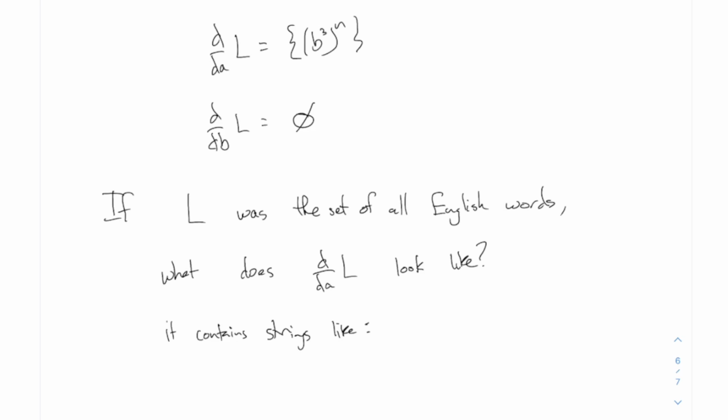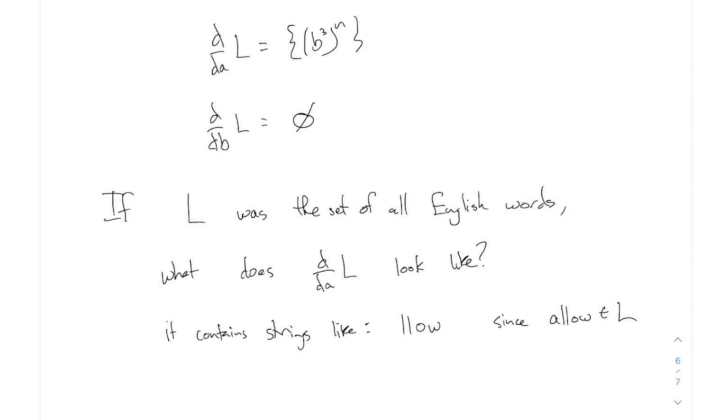This would be all strings so that, what do you say? L what? LLOW. Yes, this one is in there. LLOW. Why is that? It's because ALLOW is a real word.